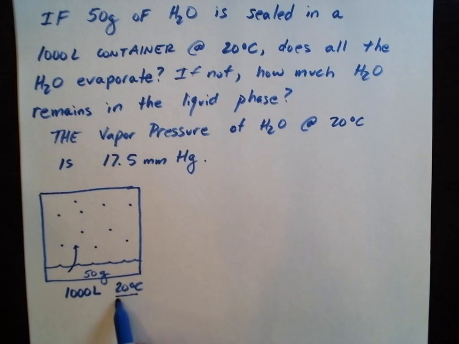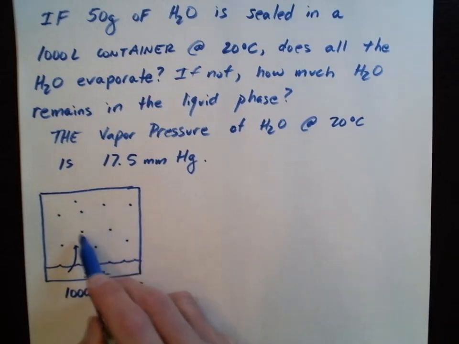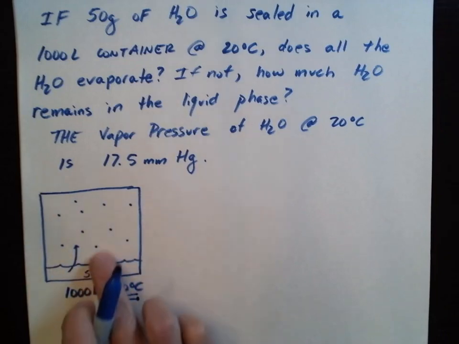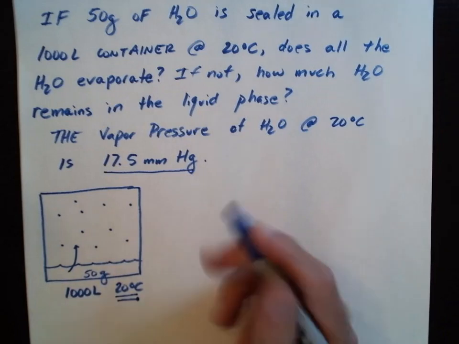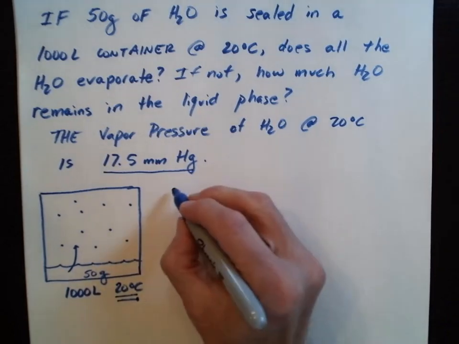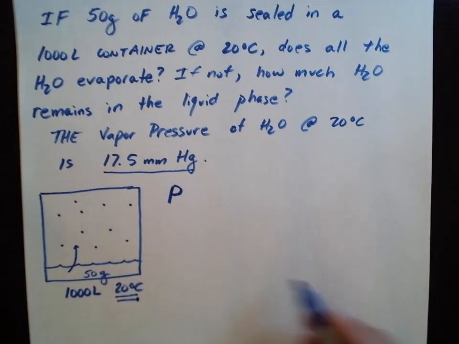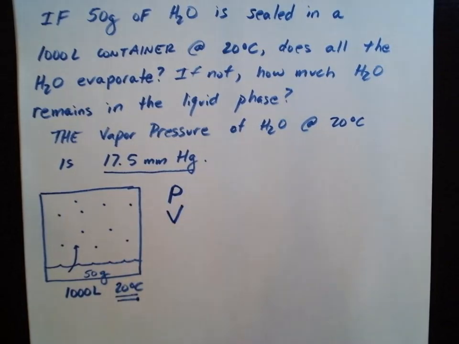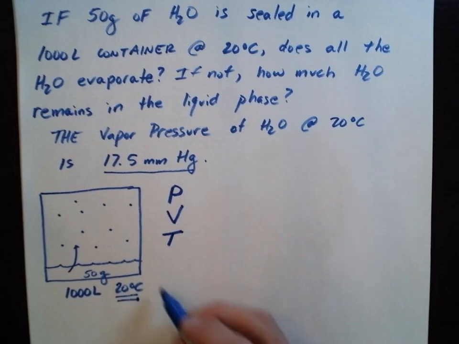Well, we're at 20 C, so we know the pressure of water that's going to be able to exist in this container. Remember, the pressure is only going to build up until we hit 17.5 millimeters of mercury. So we know what the pressure is. We know the volume of this container. We know the temperature. We also know the gas constant.